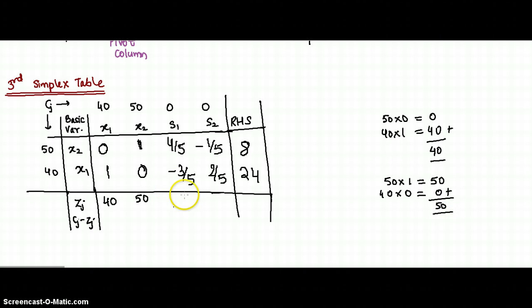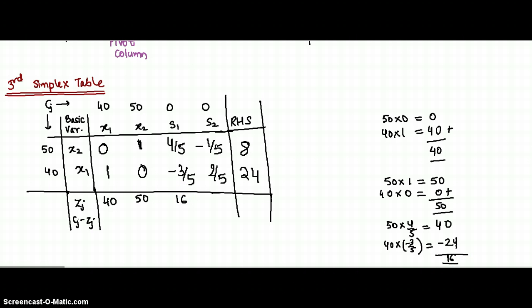Now, for this number, we have to multiply 50 with 4 over 5, that is 40, and 40 with minus 3 over 5, it is minus 24. When we add these two numbers, we'll get 16.